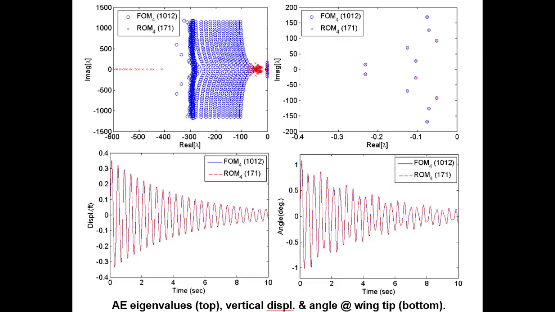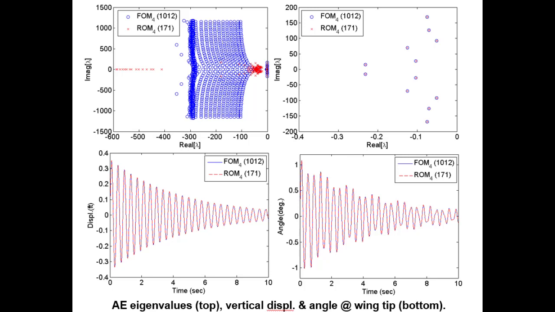The parametric reduced order model, or PROM, we constructed has the size 171 by 171, where the original aeroelastic model was 1012 by 1012. The top 2 plots are eigenvalues for the case of mu sub 4, at the velocity 150 feet per second, and air density rho 3.5654 times 10 to the minus 3.